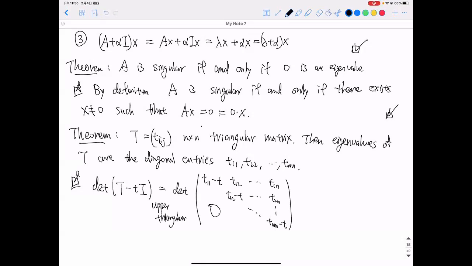In the upper triangular case, everything down here is 0. And you know how to compute this determinant by expanding along the first column n times. You'll get T11 minus t, T22 minus t, up to Tnn minus t. From this expression, you immediately read off the roots, which are the eigenvalues, to be T11, T22, and so on. Okay, so that's very simple.